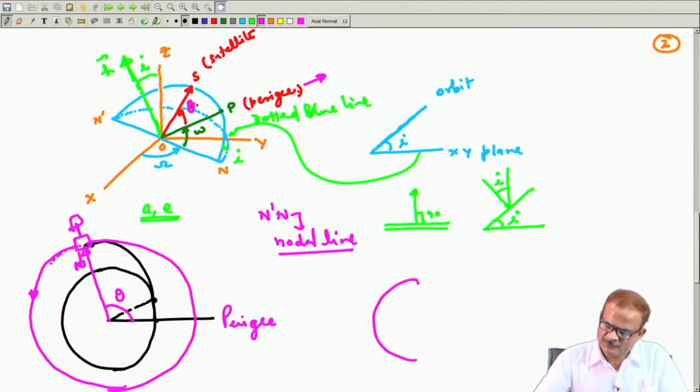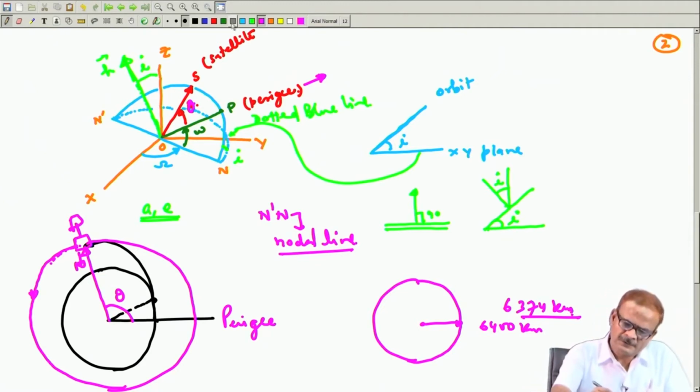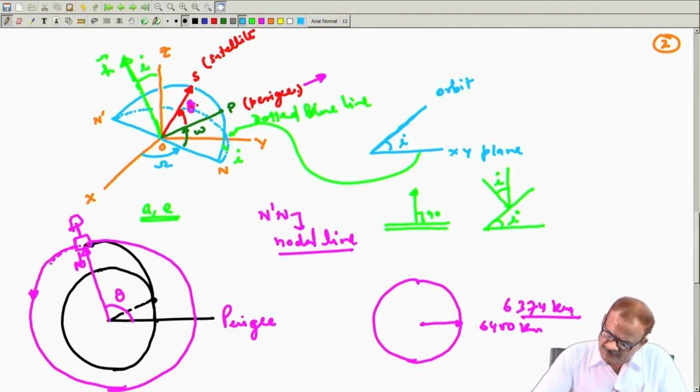If I show this as the earth, the earth radius is roughly 6,400 kilometers, 6,374 kilometers. If you look at the satellite orbit at 300 kilometers, it will look something like this. It is quite close to the earth surface.